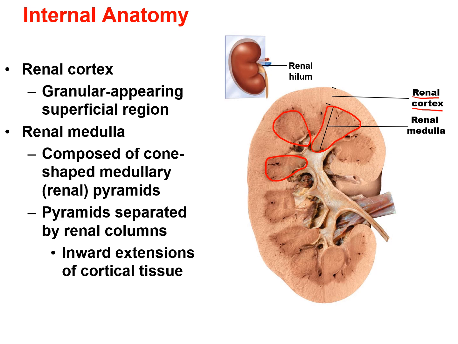And so these light tan areas between adjacent renal pyramids, these are just extensions of your renal cortex that separate your renal pyramids. So these are referred to as renal columns. So those light colors are going to be your renal columns.